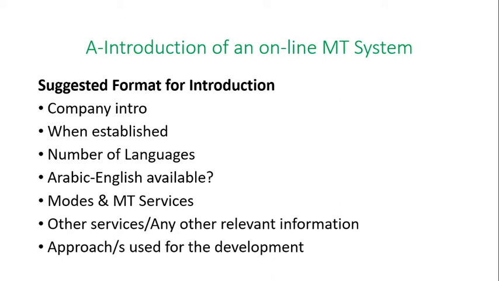Is Arabic and English available? I think this question is now irrelevant because I have in the end selected those 6 online MT systems where, of course, Arabic English is available.